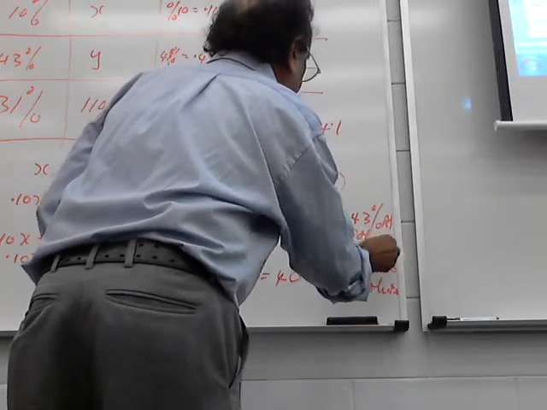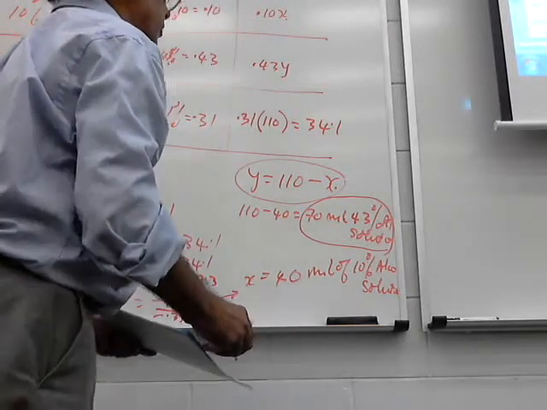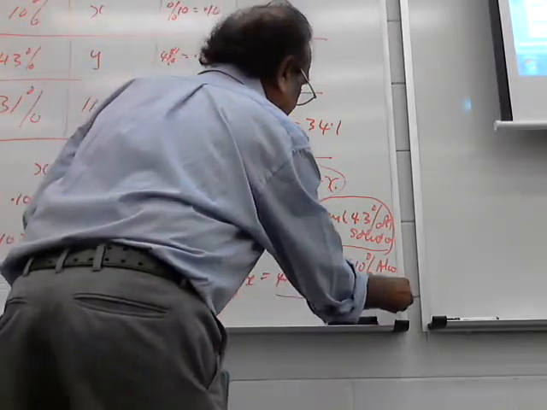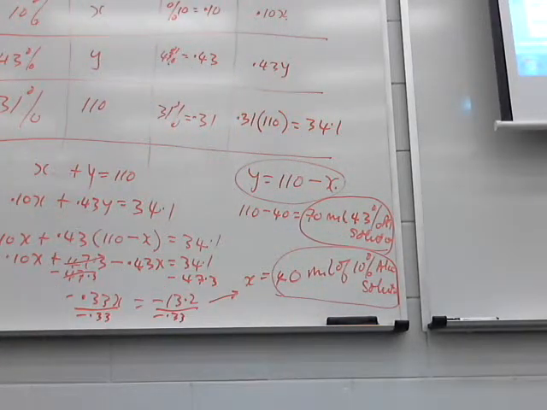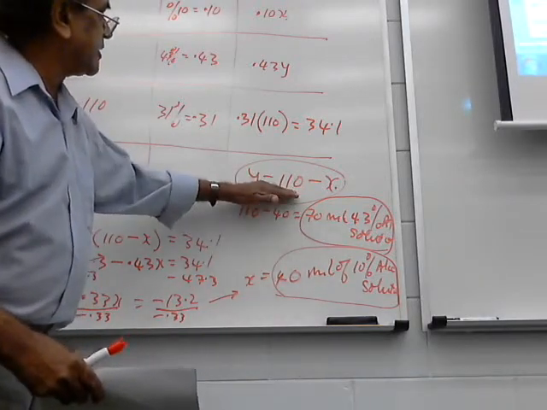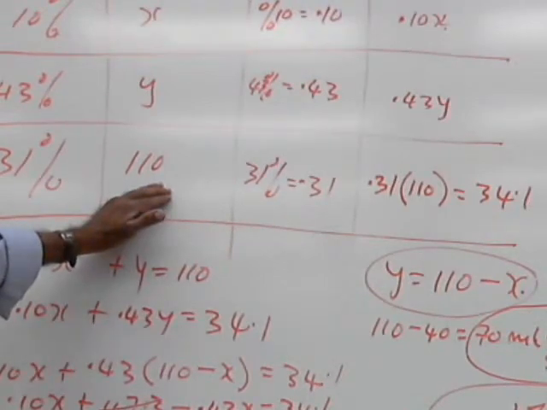So that's what we were required to find: what amount of the 43% alcohol solution, and how many milliliters of the 10% alcohol solution. And that's your answer. If you go back and check it, 40 plus 70 gives us 110, which is the amount they wanted here. All right?